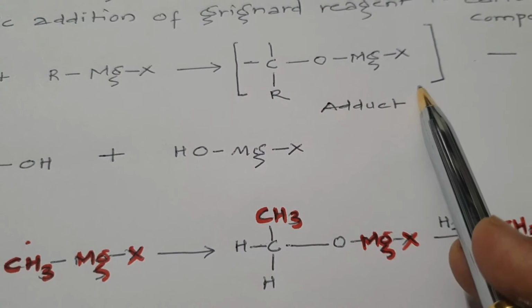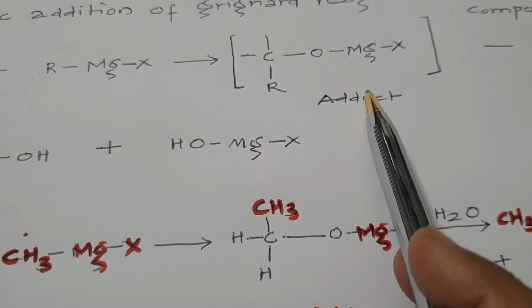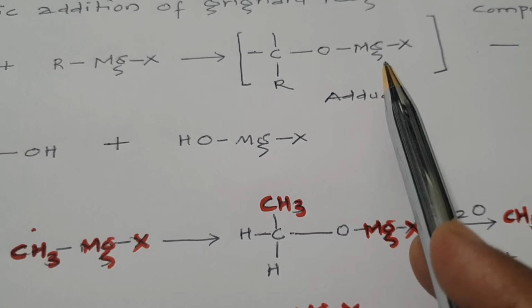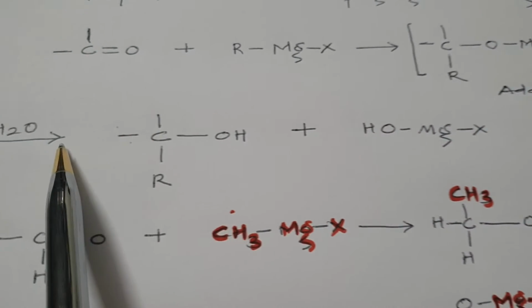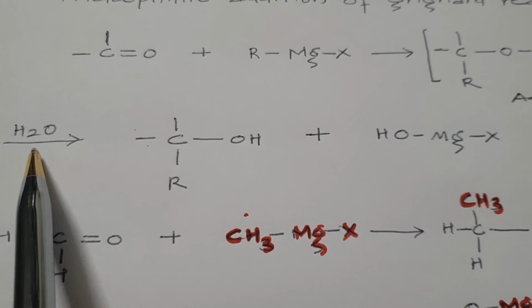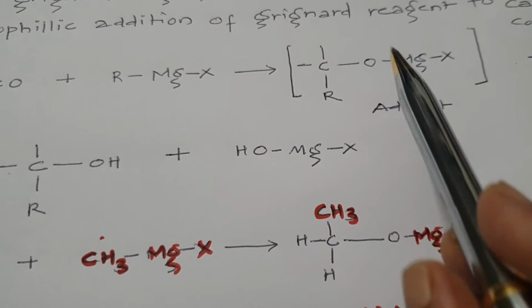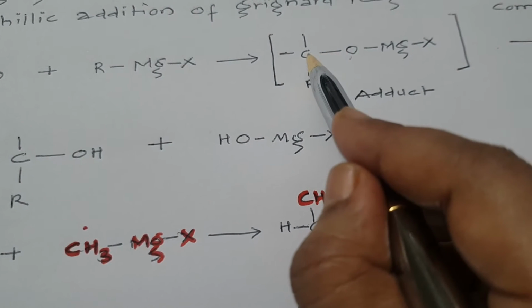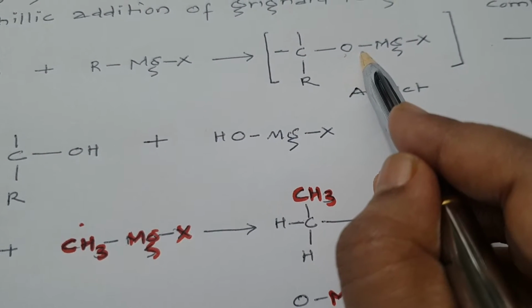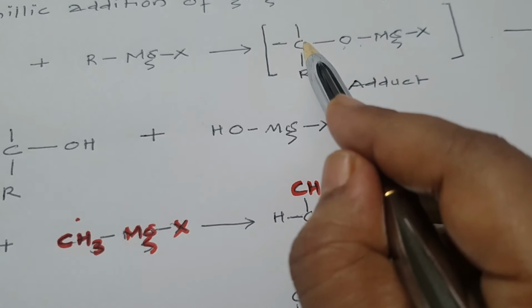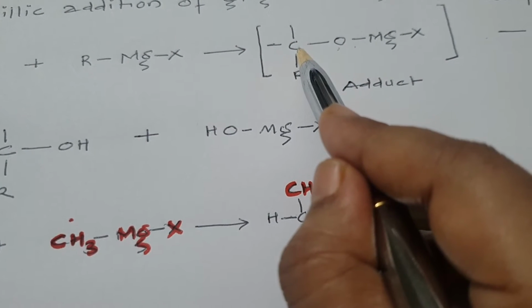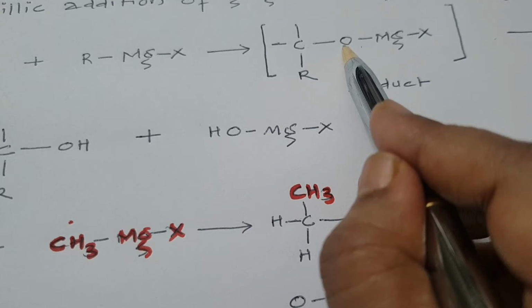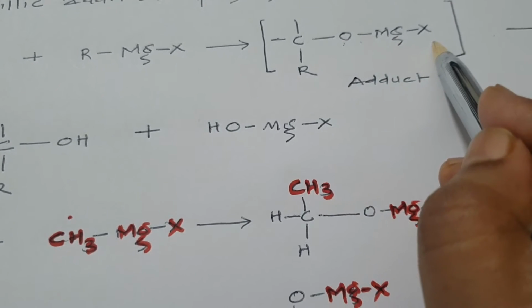This adduct, that is the addition product, undergoes hydrolysis, that is addition of water. The addition of water takes place across the carbon oxygen bond, giving you OH to the carbon atom and hydrogen to the rest of the group.